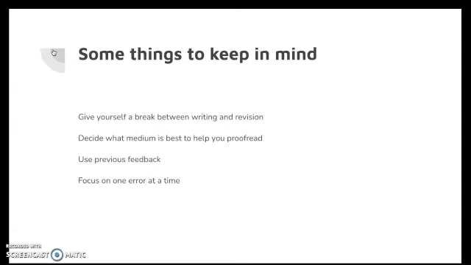Another suggestion I have, especially when it comes to proofreading, is focus on one error at a time. So think about an error and look for that, and then go and look for the next one. Even if you're doing the higher order concerns, you can first start out by going through and looking if you have good supporting evidence. So thinking about it in those ways.